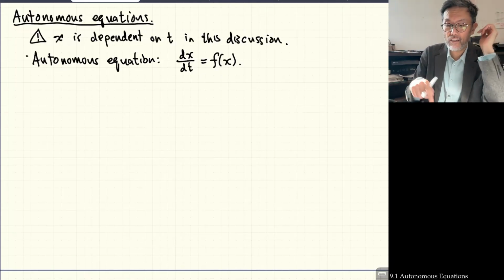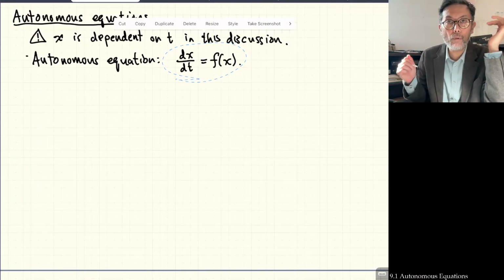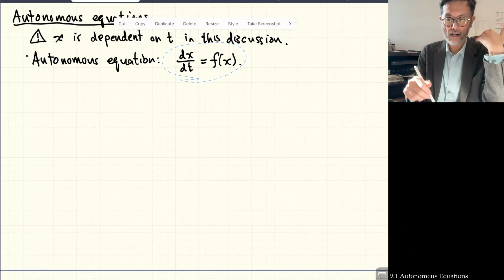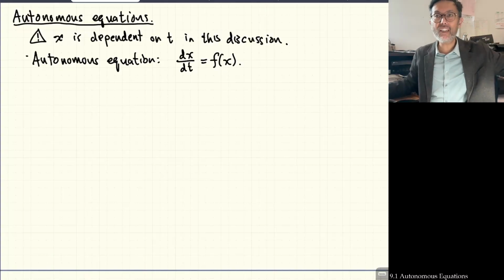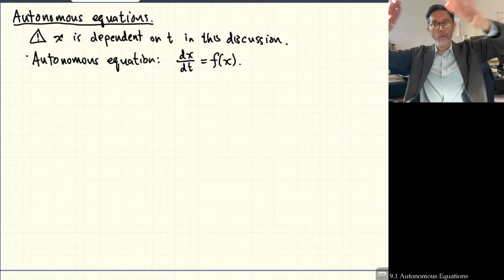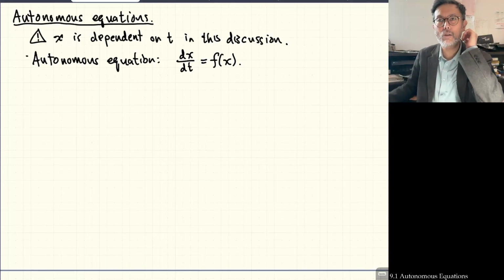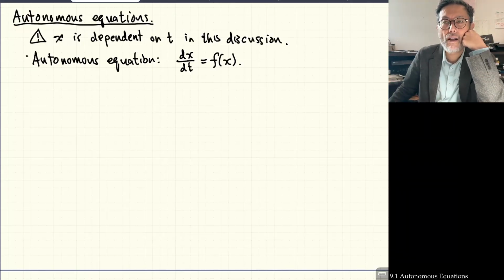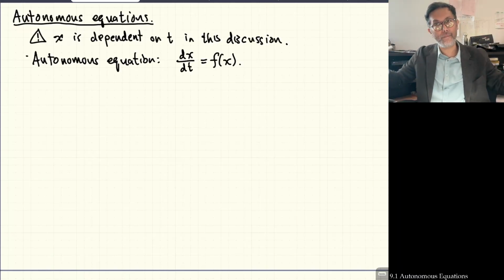Because notice that this is what's called a separable equation. You can separate the x terms from the t terms. You can put them on either side of the equal sign. The equal sign becomes like the Berlin Wall, right? And so once you do that, you integrate both sides and then you win.